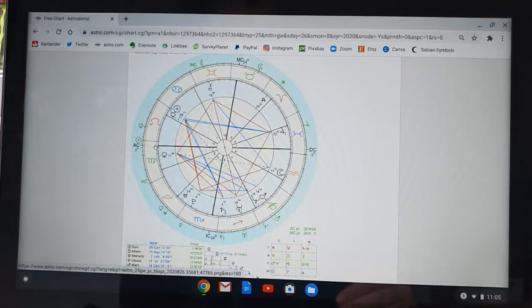Those angles, as well as your personal planets, or any planet really, the heavyweights move far slower, and they're hardly going to be moving much, unless they're at the very end degree of a sign, or maybe then.